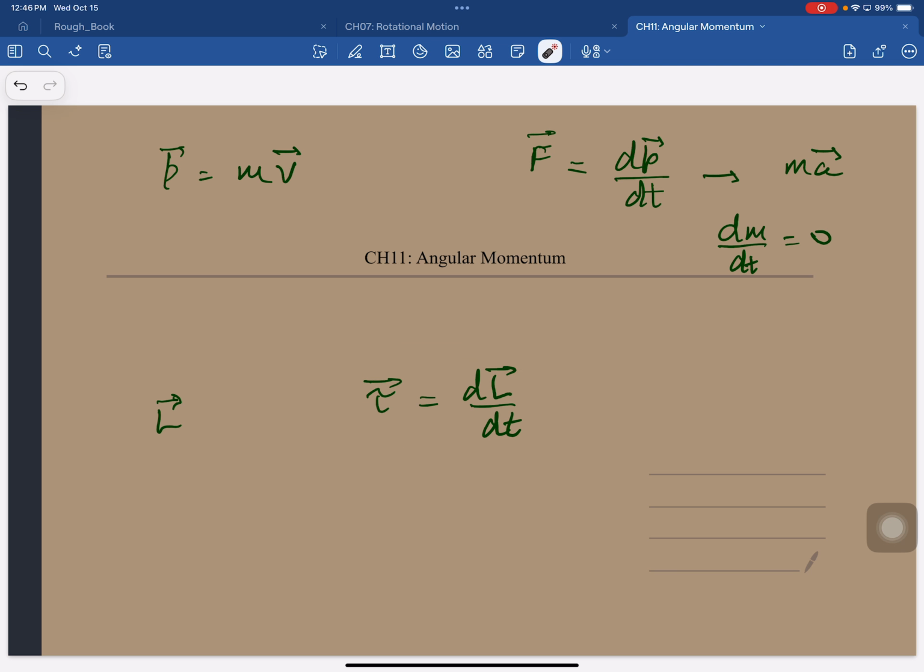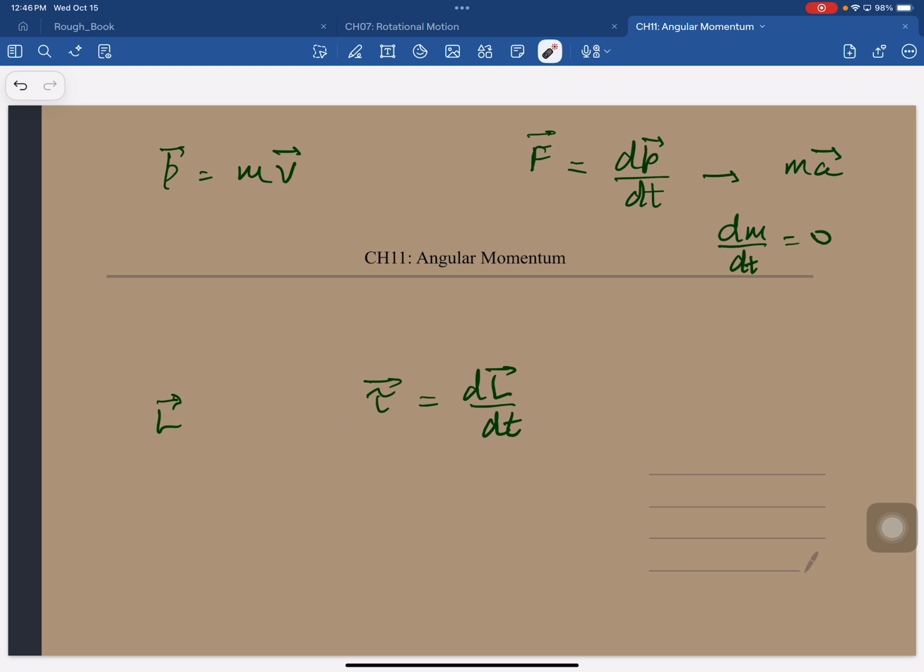And that's what we're introducing. What you'll see in the chapter today is that you encounter a lot of situations in the natural world where the torque acting on a system is 0. That means dL by dt is 0, so the angular momentum is conserved.